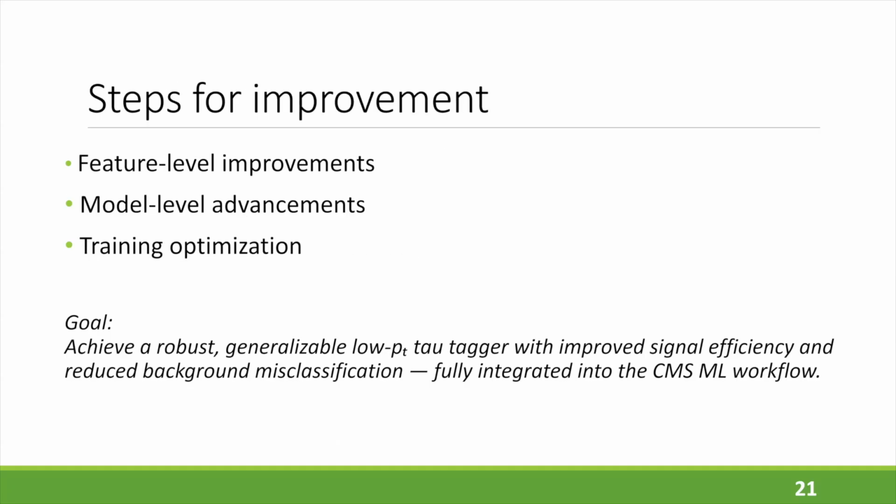And as steps for improvement, first of all, feature-level improvements: expand the input set to include track quality variables and vertex probability.